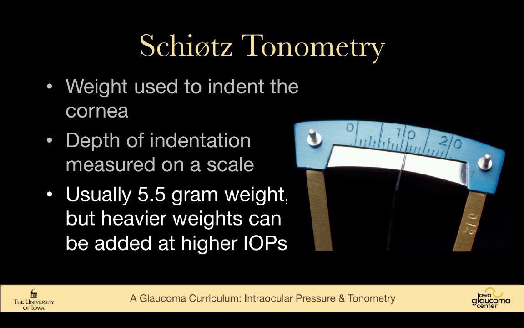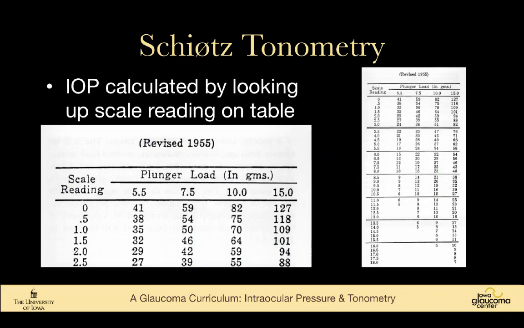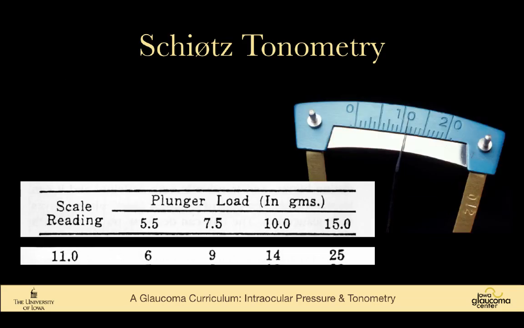Usually a 5.5 gram weight is used in the base standard setup, but one can add heavier weights to expand the scale at high intraocular pressures. So one looks up the scale reading on this table, revised in 1955, to find out what the intraocular pressure is. So the reading on the scale is not the intraocular pressure.